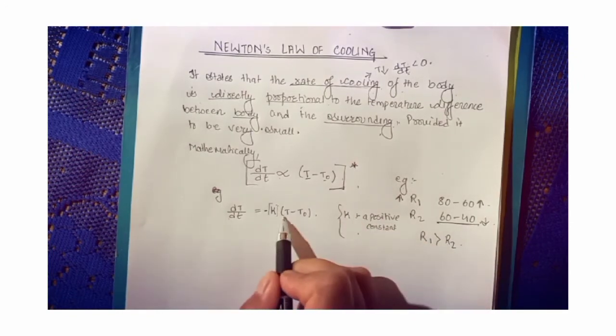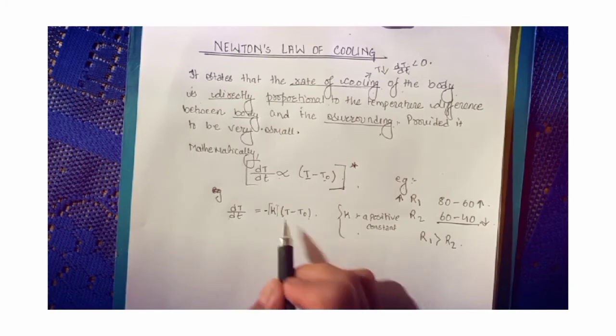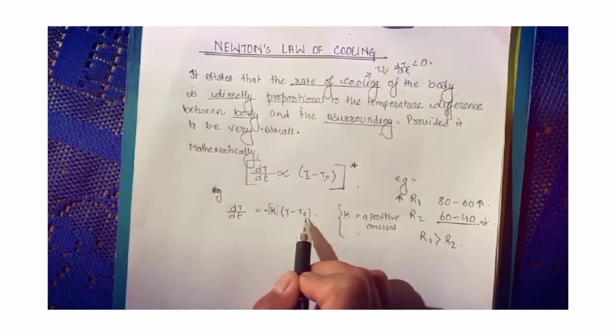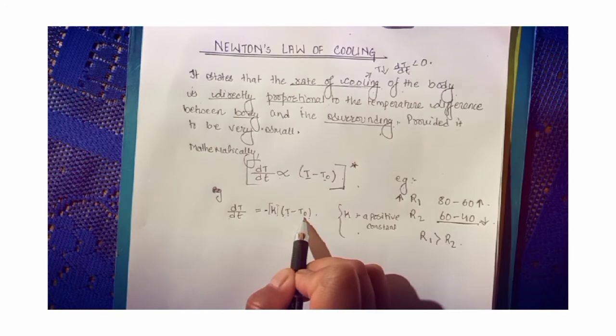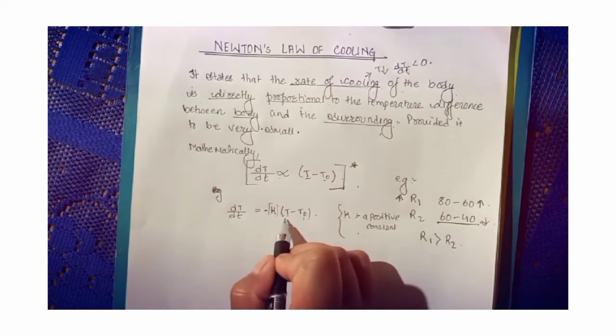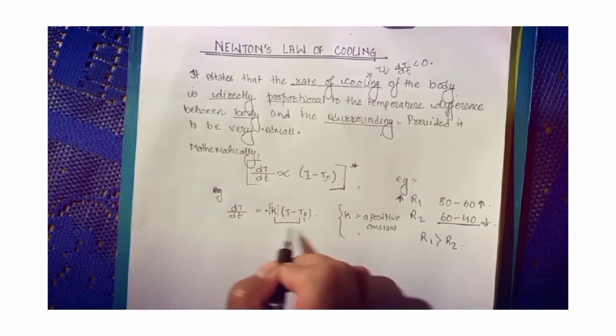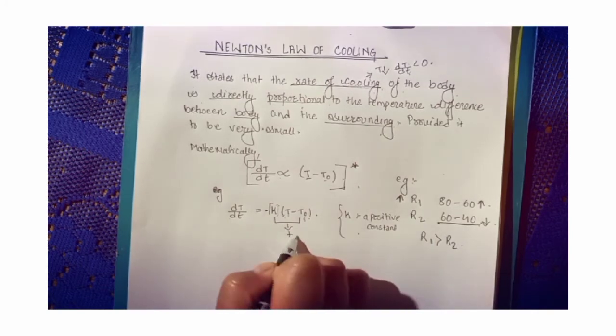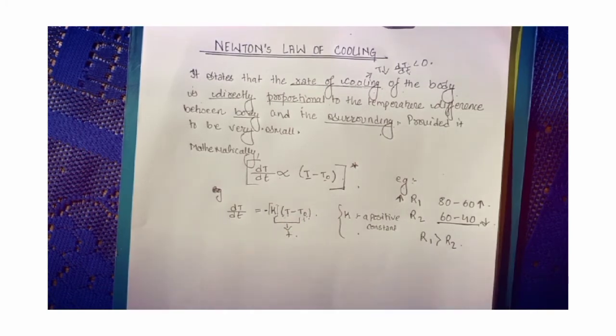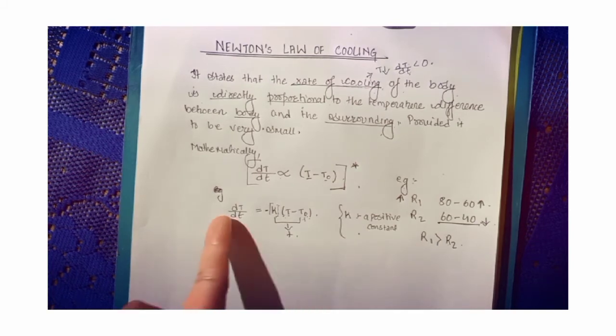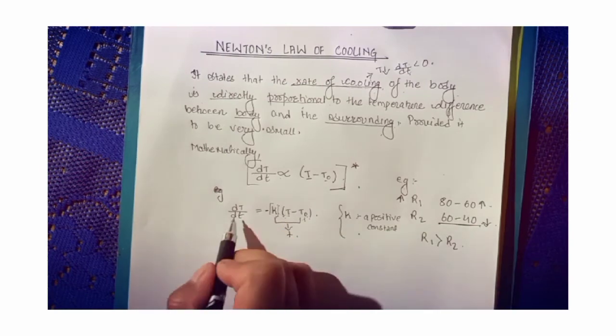And here this T minus T naught, the temperature of the object is greater than the temperature of the surrounding, so this has also got a positive value. Both the terms are positive, and we know that if the temperature of the object is greater than the surrounding temperature, then the temperature of the object decreases.